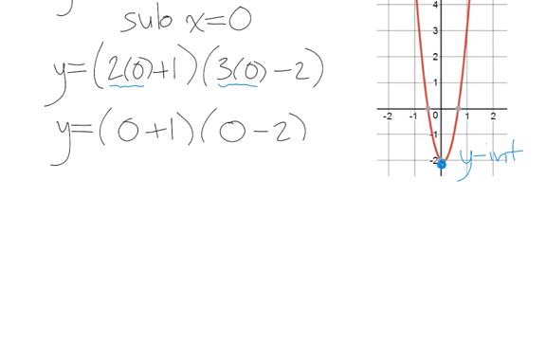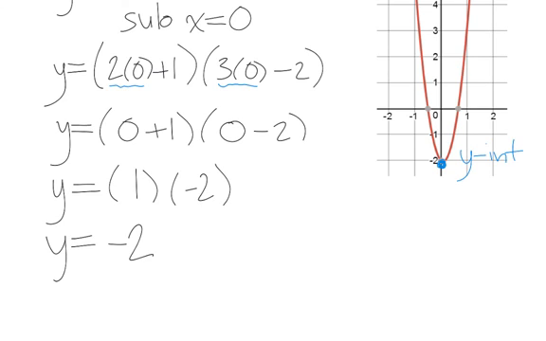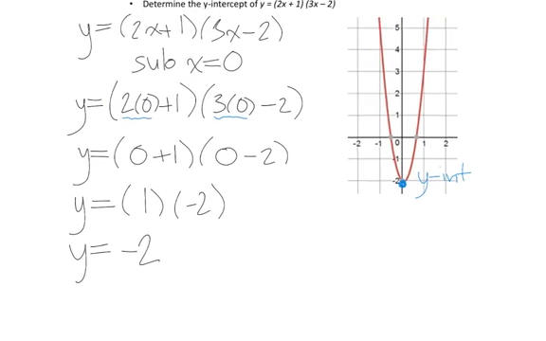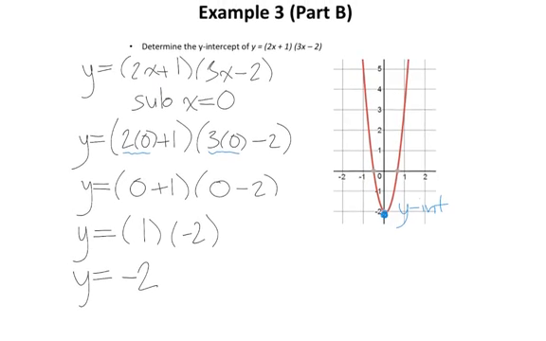Now, this should be pretty easy. Should be y equals positive 1, because 0 plus 1 is just positive 1, and 0 subtract 2 is just negative 2. Last but not least, you just need to multiply these two numbers. 1 multiplied by negative 2 is negative 2, which confirms our y-intercept value that we figured out by looking at the diagram.